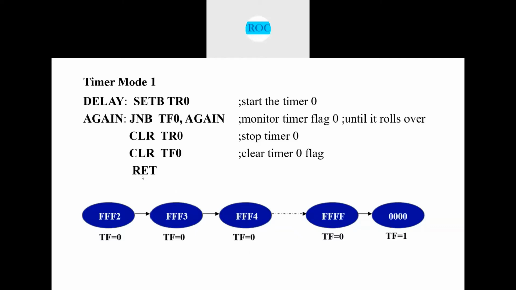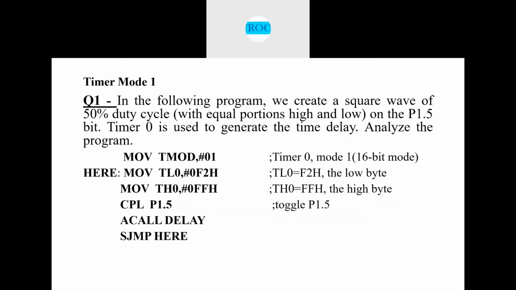For every subroutine you have a return instruction. It will return from this one and go back here again. What is the next instruction we have? SJMP here. Again it will go to MOV TL0, 0F2H. Take an example: before, when we were executing this, P1.5 was equal to 1.